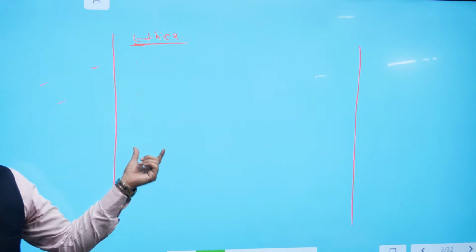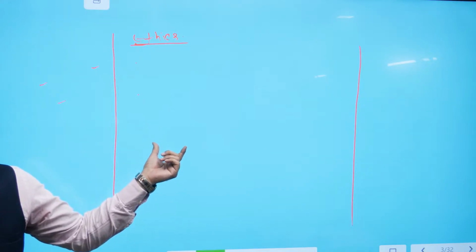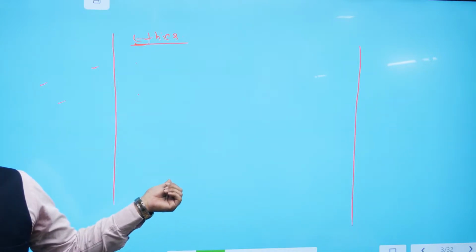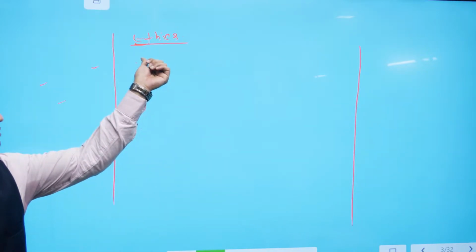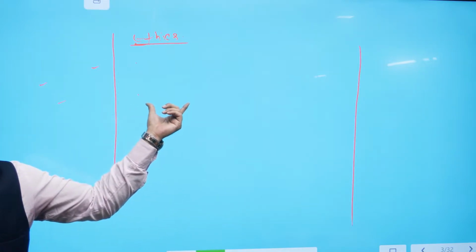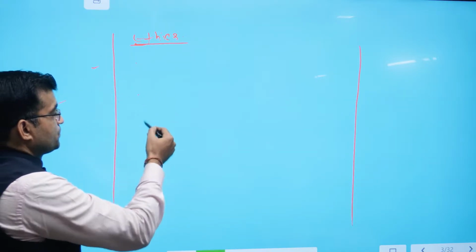Now, another thing that you must follow is spacing and order. Suppose you are writing, then you must follow the order of points. If you are defining ethics, then your points should start that way.